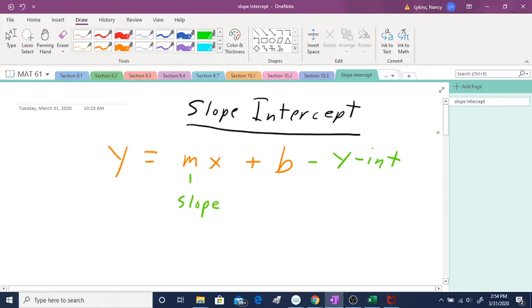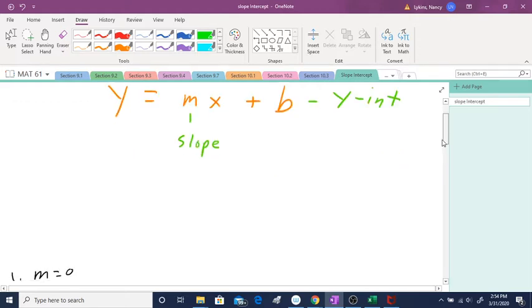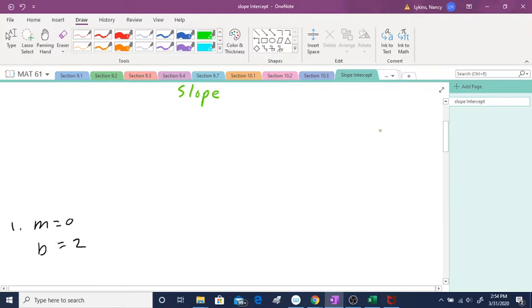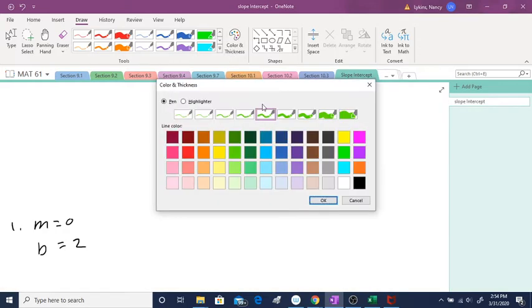Now, to get a feel for the m, which is the slope, and b, the y-intercept, let's look at number 1. I give you m is 0 and b is 4. And I want you to translate this into an equation.